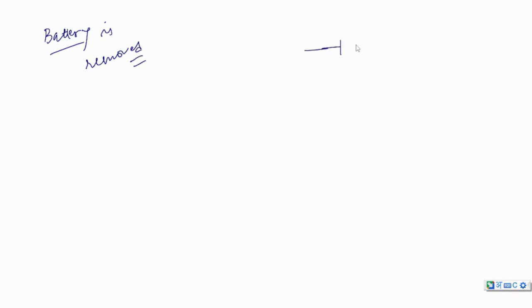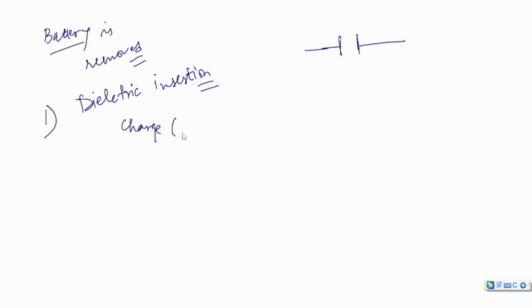The second case, when the battery is removed. The capacitor is fully charged and the battery has been removed, right? In this case, the first one, dielectric insertion. What will happen? Charge will remain constant. Charge will be Q is equal to Q naught, right? Capacitance will be equal to K C naught.